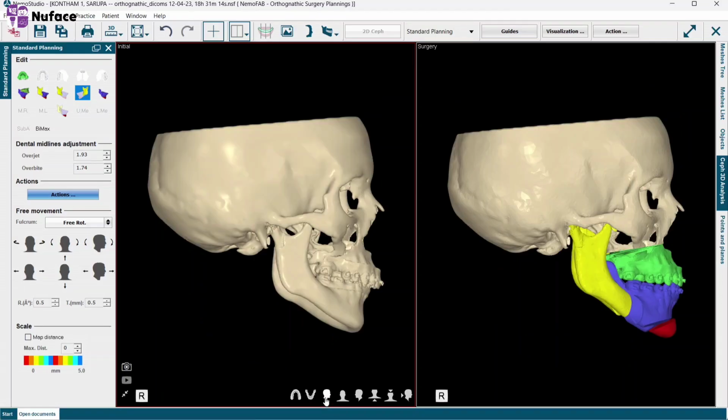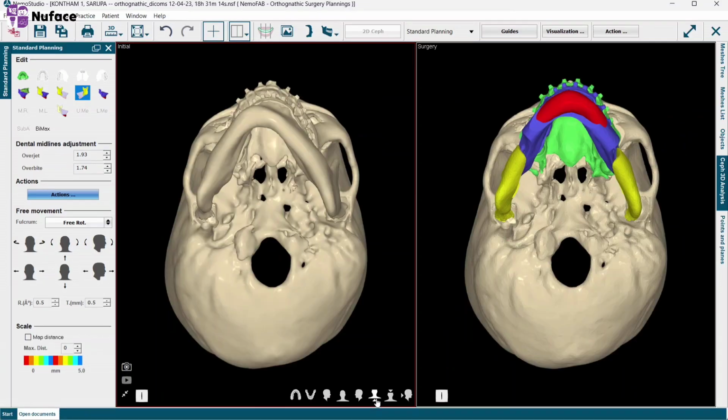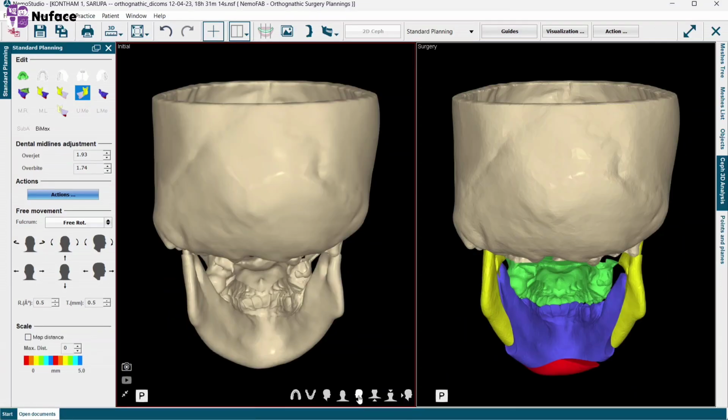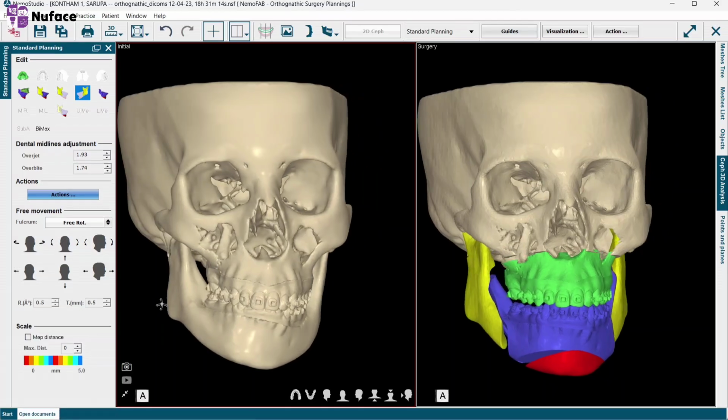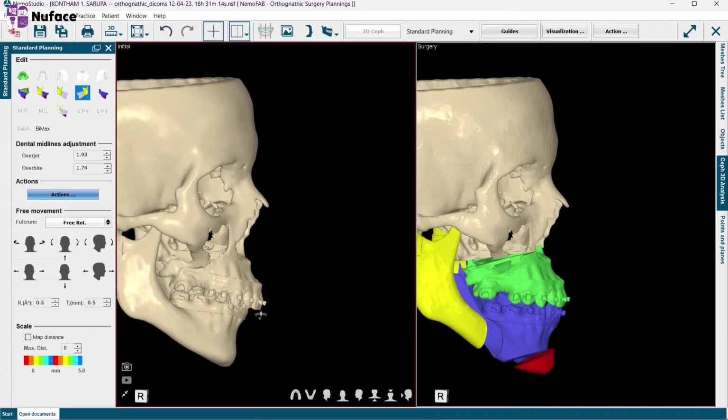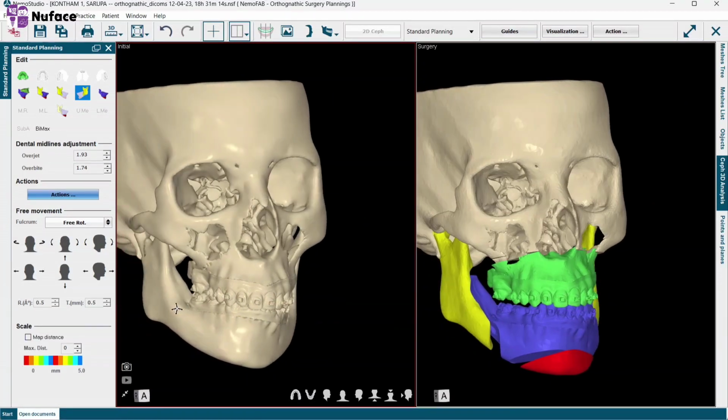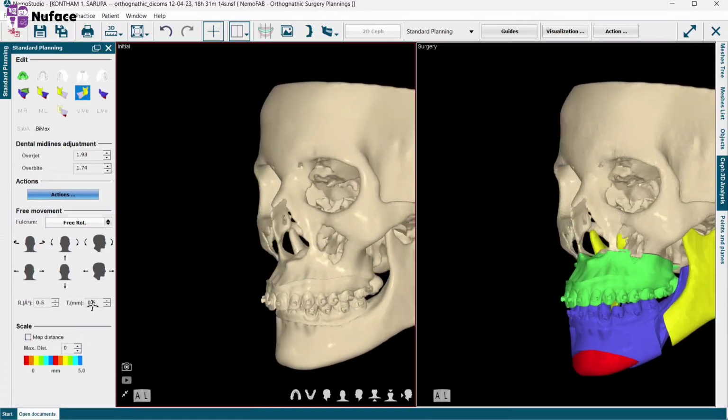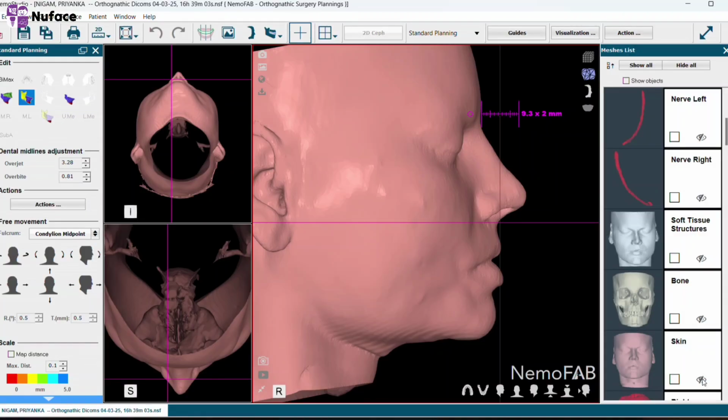So we have much more information in comparison to the conventional method, and apart from that we can visualize the jawbone 3-dimensionally, and also accurately reposition the jaw 3-dimensionally. All the planes we can control, and the greatest advantage is that we can have some simulation and some prediction about the patient's result.